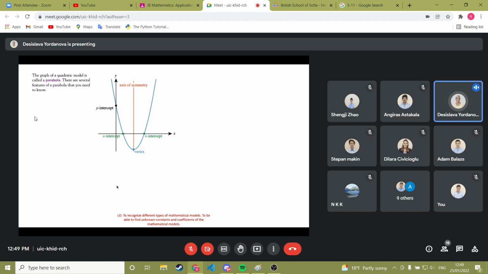And the graph of a quadratic model, as we know, is called a parabola. It looks like that, or downwards, but the basic things stay the same. And there are several features of a parabola that you need to know.